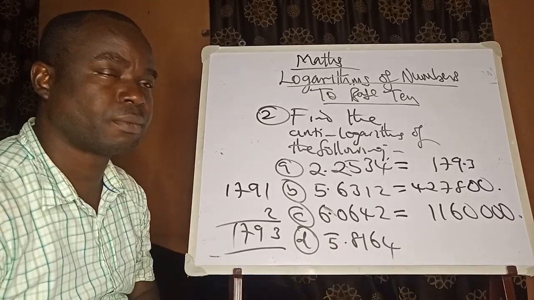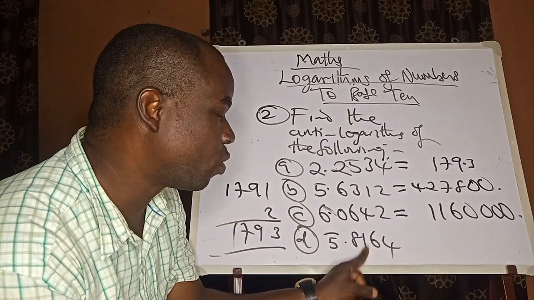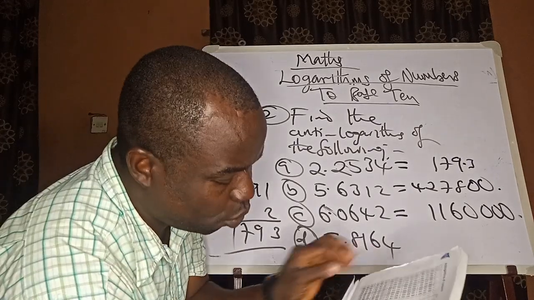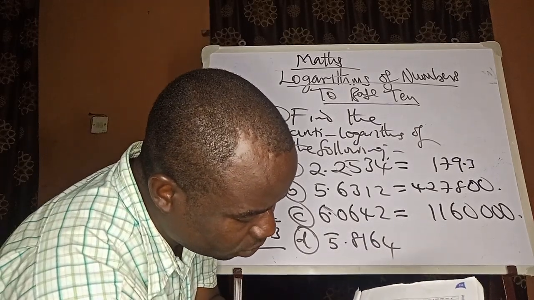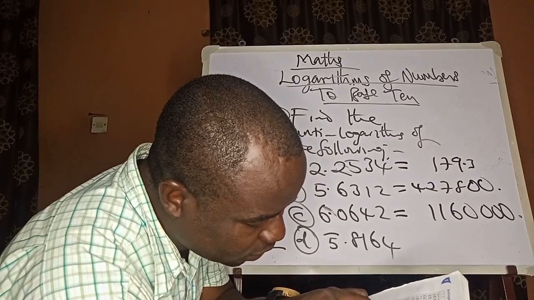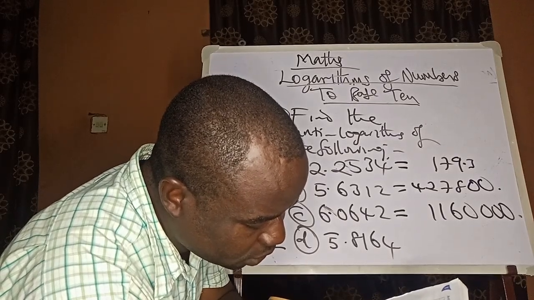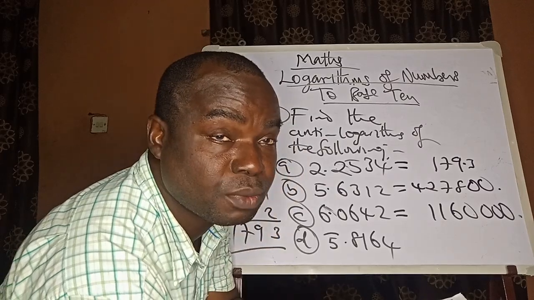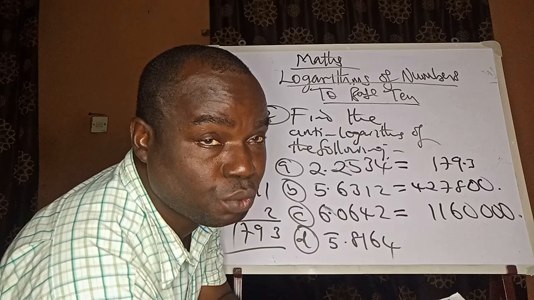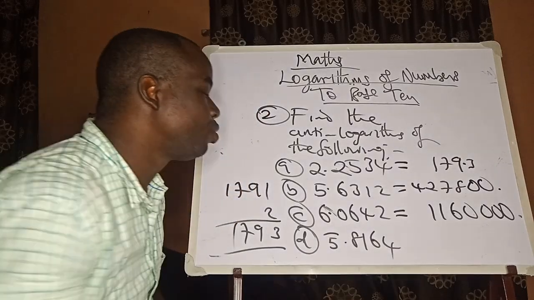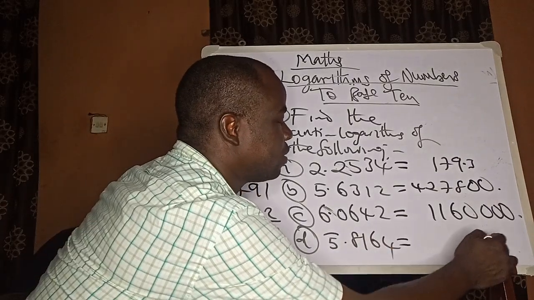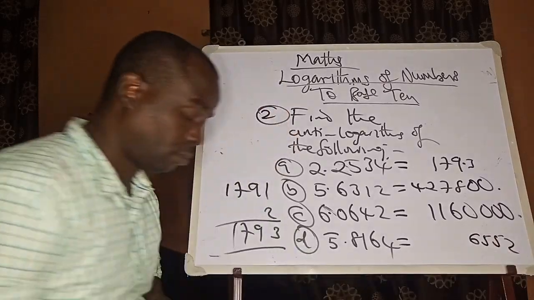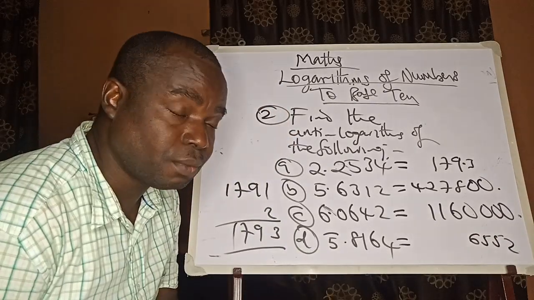Now, let's solve this one. Here, get 0.81 under 6 difference 4. Under 6 is 6546. Difference 4 is 6. So add it up. That's 6552. Okay, so you put 6552. Now pay attention.